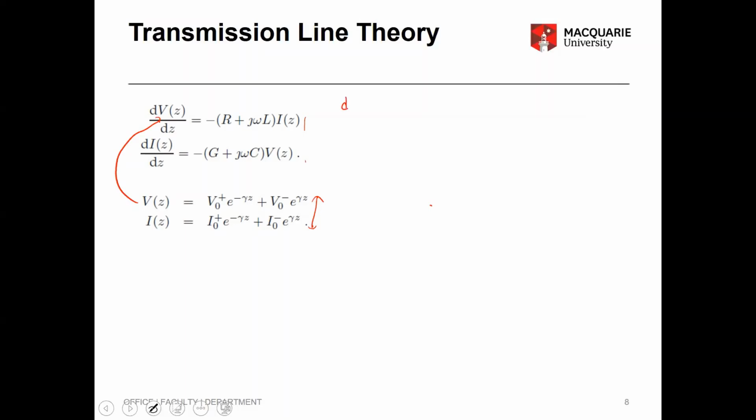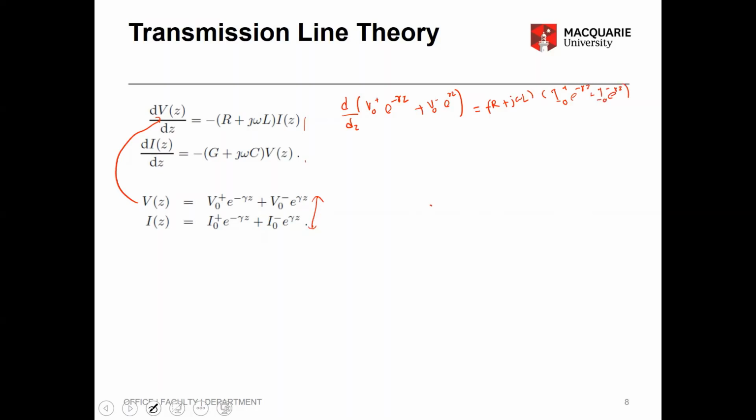So I get dV/dz equals V0+ e^(-γz) plus V0- e^(γz), and then I get minus (R plus jωL), and instead of I(z), I can say I0+ e^(-γz) plus I0- e^(γz).